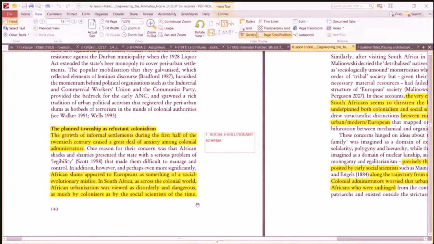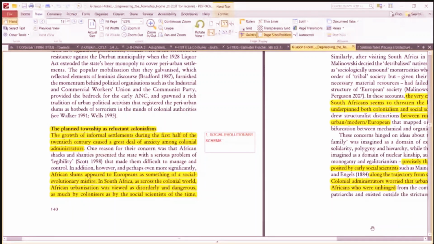So Jason Hickel writes, African slums around the cities appear to Europeans as something of a social evolutionary misfire. Evolution has misfired. These people should be there, but now they're here. What are they doing here? This is not how evolution works. How do we deal with this situation? These are the colonial ideas embedded in these things, hey? Even if they are not spoken about so explicitly, they are there beneath the surface.